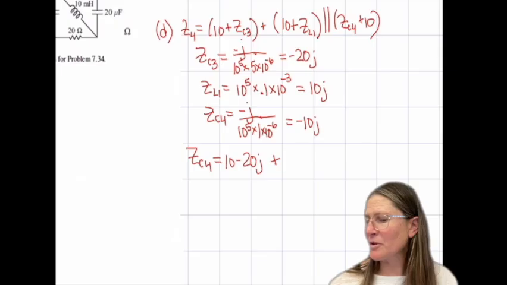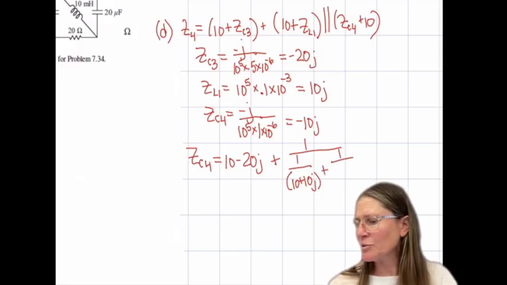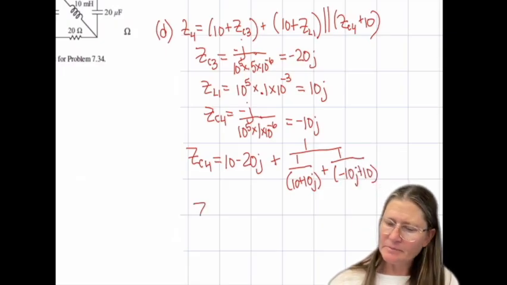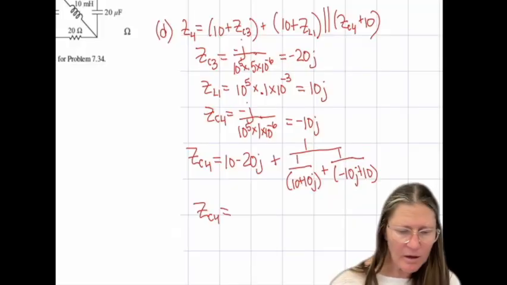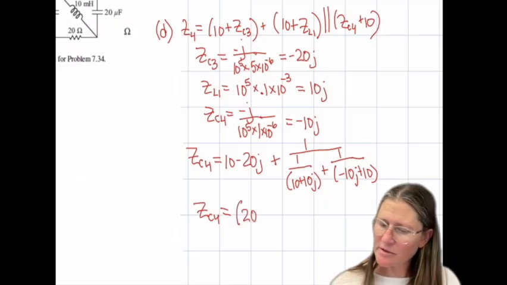Let me do them all over. 1 over 10 plus 10J plus 1 over minus 10J plus 10. And this ends up being 20 minus J20 ohms.